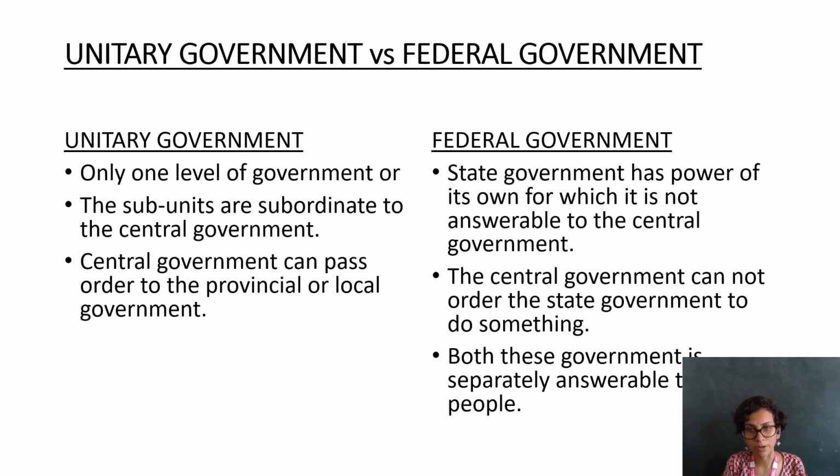They can take decisions on their own. They are not bound to follow the orders of the central government. Their existence doesn't depend on the central government. Their existence is guaranteed by the constitution. So the source of power to the state government is not the central government, but the constitution itself.